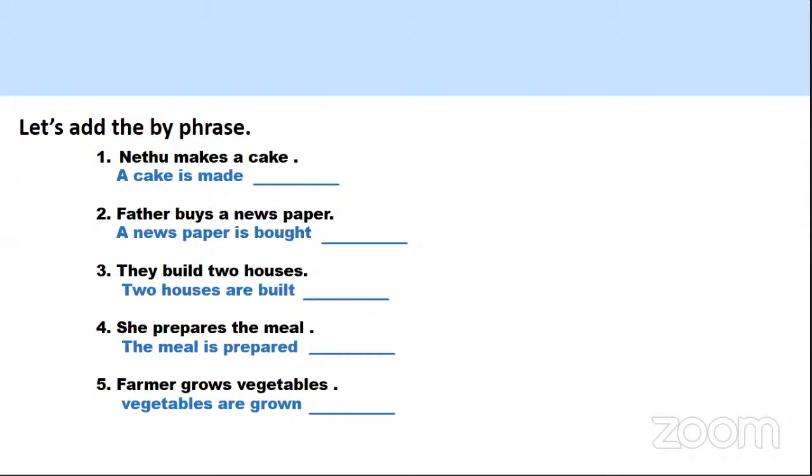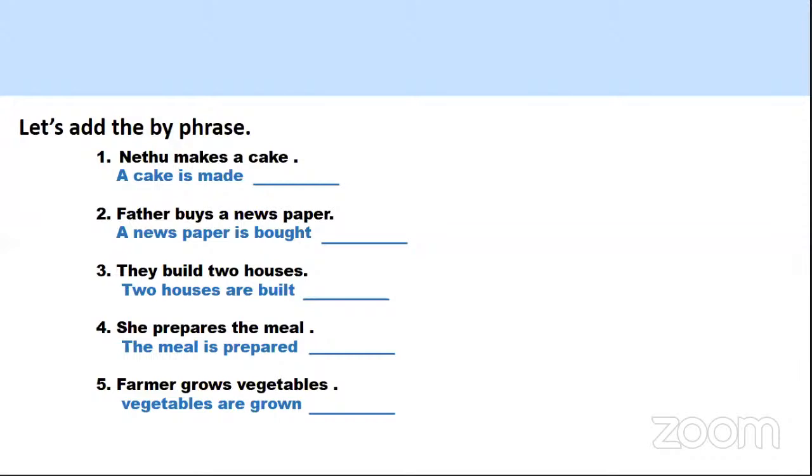Okay, I think you have already finished adding the by phrase. Shall we discuss? In the first sentence, what is the subject? Netu. Then you are going to add it after the passive verb as a by phrase.